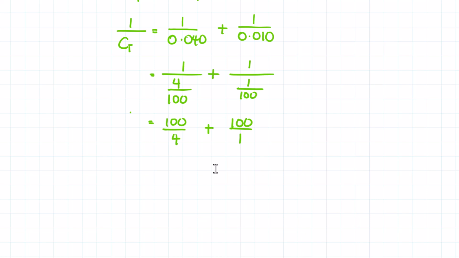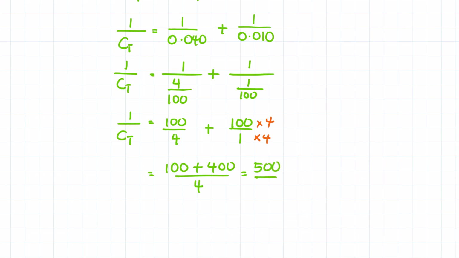This is equal to 1 over the total capacitance, and we'll have to make these fractions have the same common denominator. To accomplish that, we multiply the other fraction by 4 on the top and bottom, which results in 100 plus 400 over 4, giving us 500 over 4.